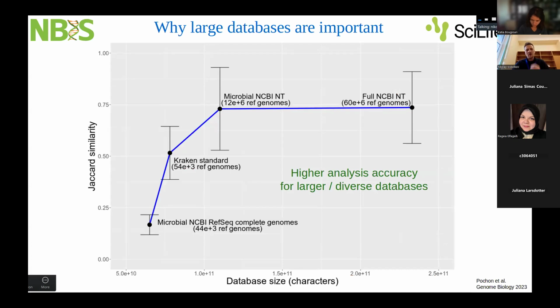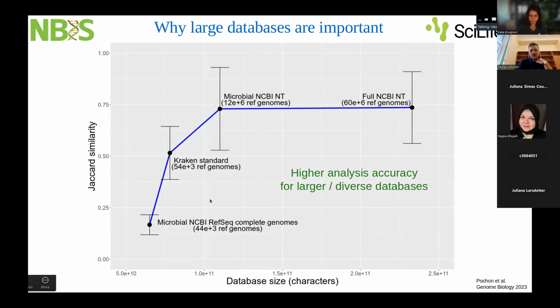And in our AMITA publication, we actually demonstrate the importance of the size of the database. We used simulated ground truths, simulated reads, and we tried to reconstruct this simulated ground truth by running Kraken on different databases. Here on the x-axis is database size.